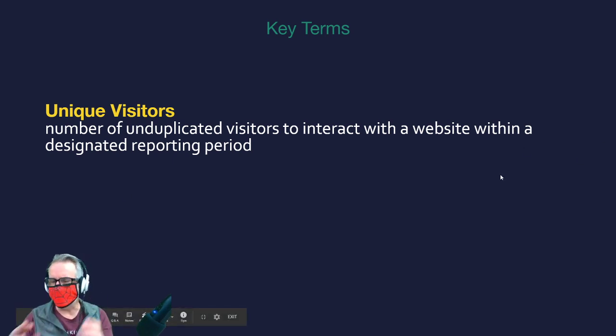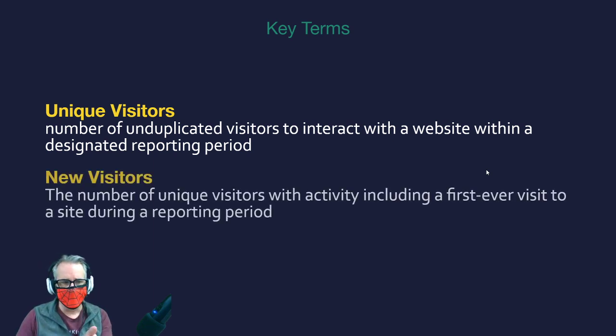So it really depends on what time frame you're measuring, if someone counts as a unique visitor or not. But say someone goes to your website 2 times in a week, and you're looking at a week time frame, then the second time they don't count as a unique visitor. A new visitor is someone who's never been to your website before. So unique and new are different things.